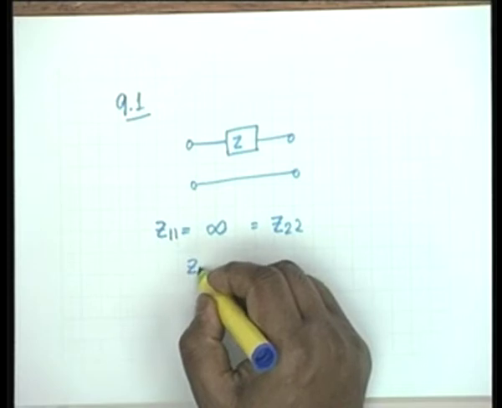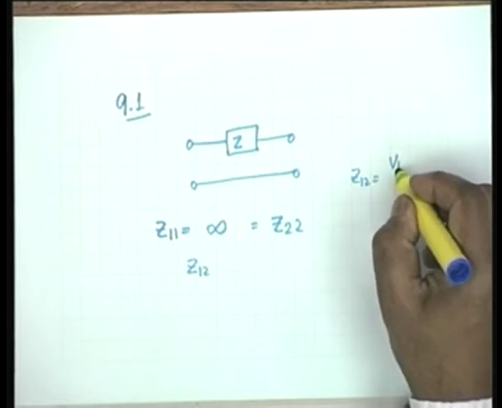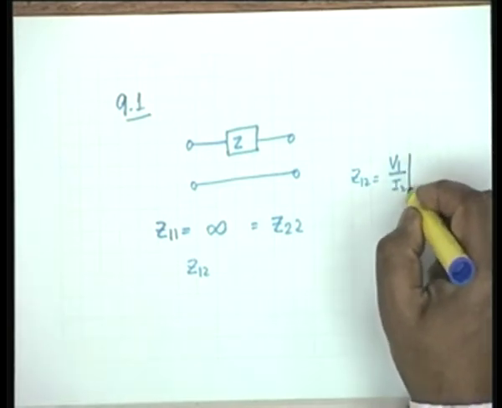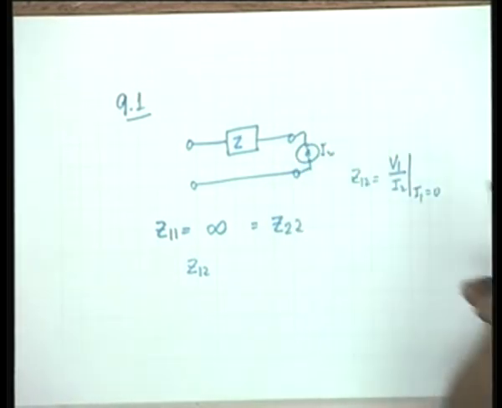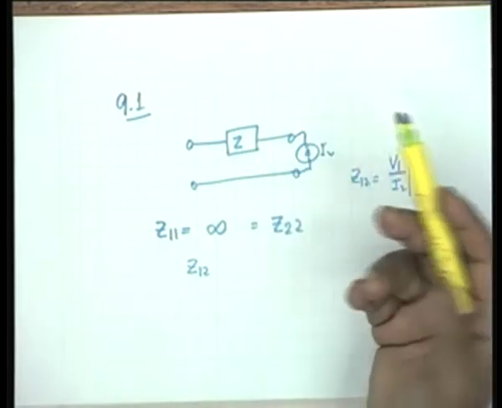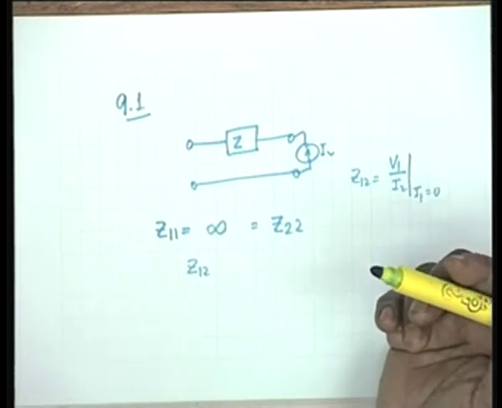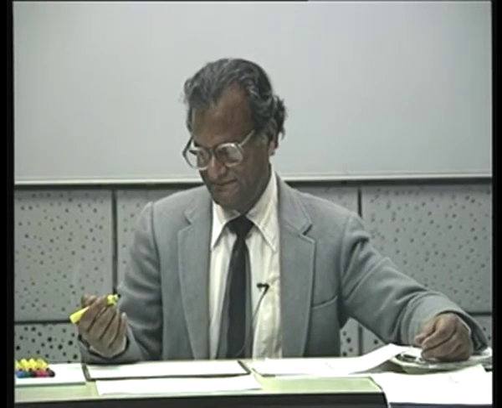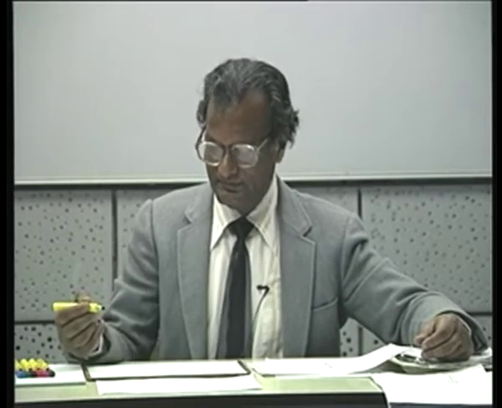What about Z12? Z12 by definition, what is the definition? V1 by I2 with I1 equal to 0. So, if I connect a current source I2 and measure the voltage here, no current flows, the current source is ineffective and therefore V1 is 0, I2 is finite.